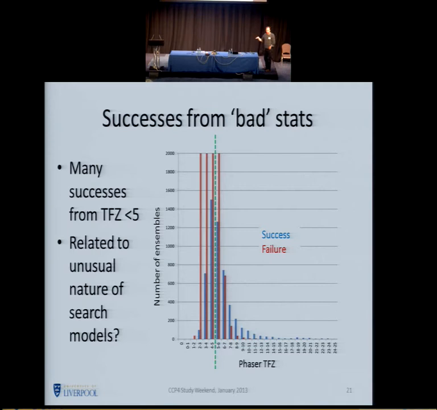At least for our models, which may be atypical and non-representative, we quite often see success, which is the blue bars here, where the phaser TFZ score was less than 5, even down to 2.3. So again, I say it may be related to the search models, but it does suggest that, with shell-XC being available, you might want to explore lower scoring potential solutions from the molecular replacement.